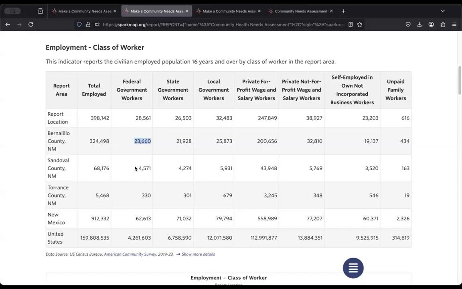That number is similar when you're looking at population size for Sandoval County. And then in Torrance County, we're seeing a much smaller number here. So it may not have as big of an impact, but definitely in Bernalillo and Sandoval counties, that's where you're probably going to see a bigger hit.